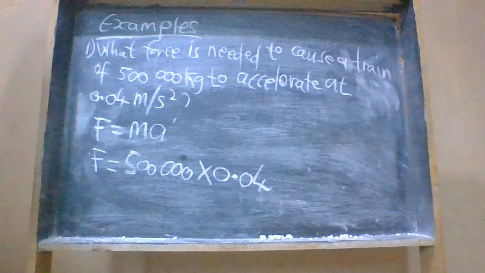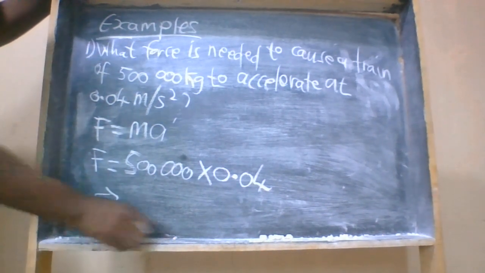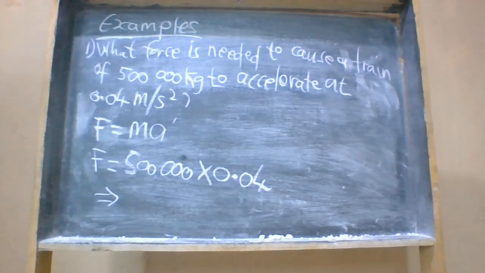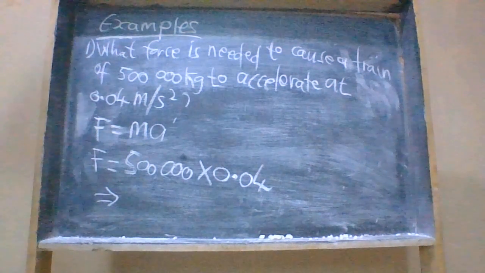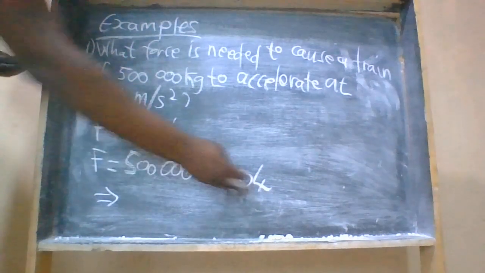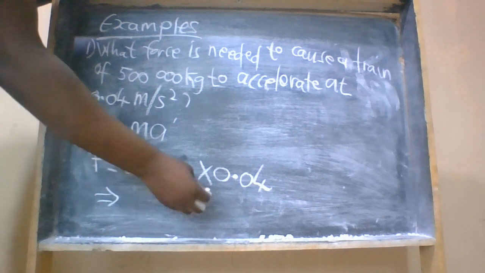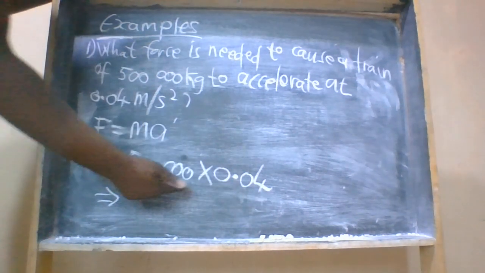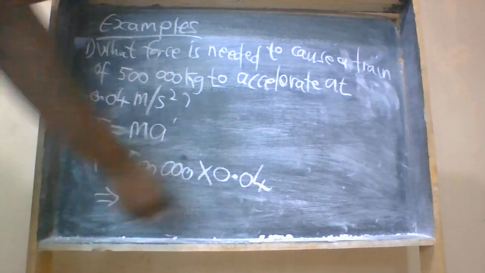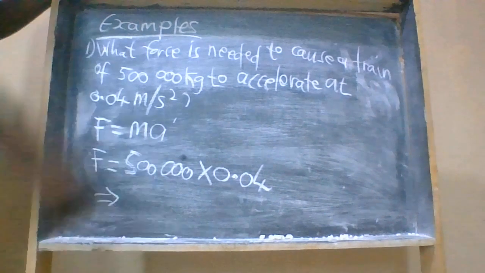What will be the answer there? I have to give you some time. When you multiply these two, in mathematics, I haven't yet uploaded my video about how to multiply decimal numbers and numbers with such zeros.